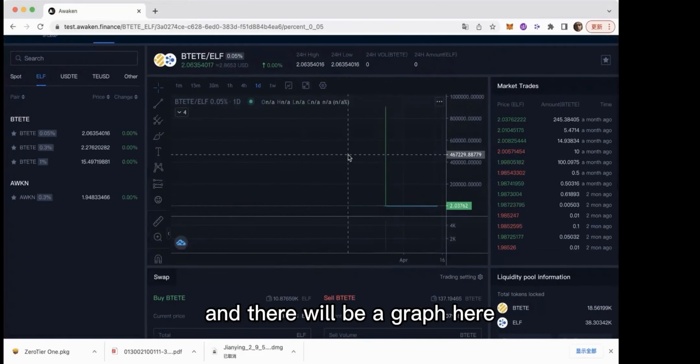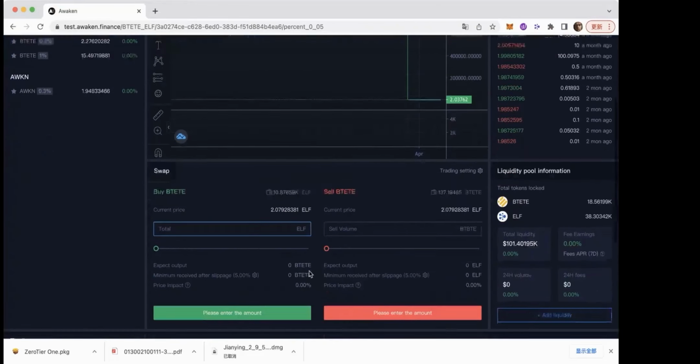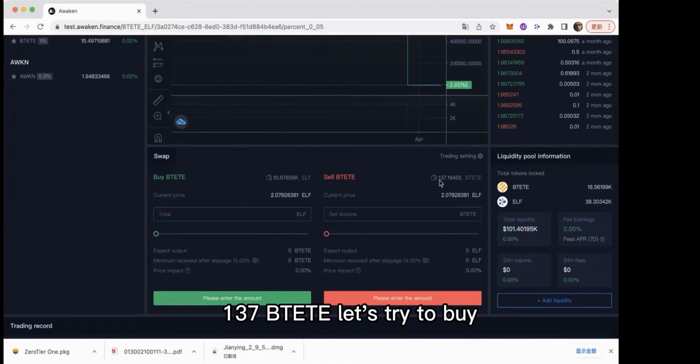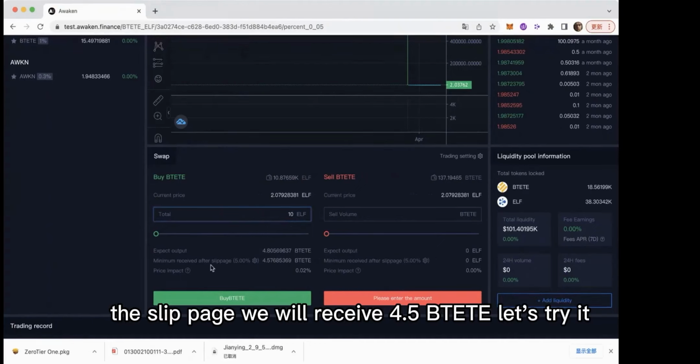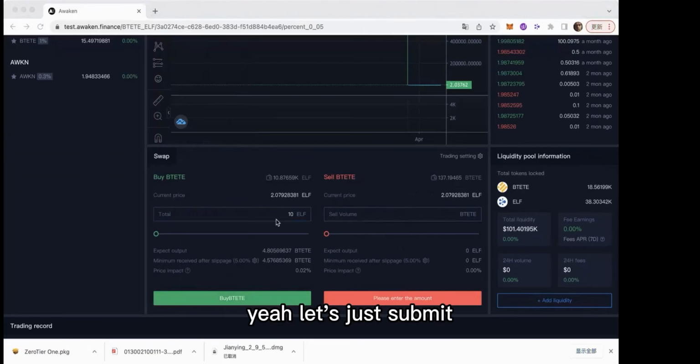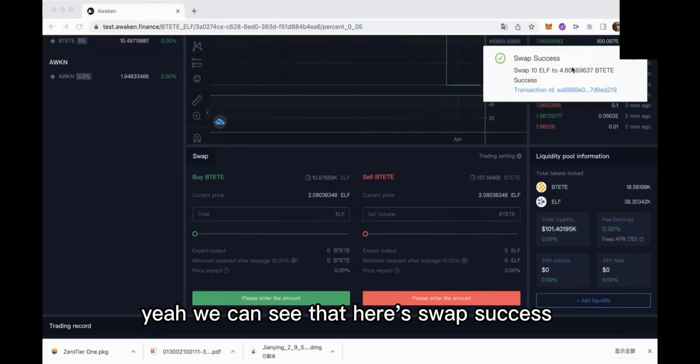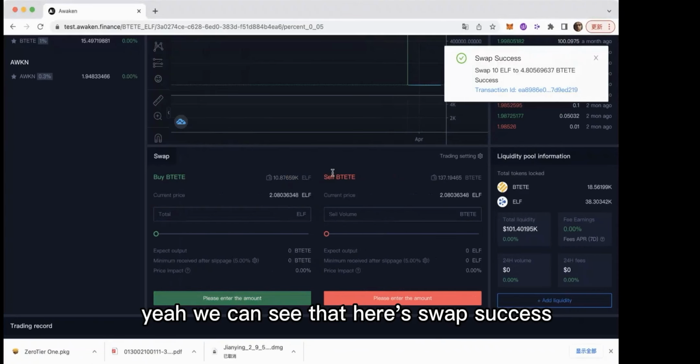As now we have like 137 BTT, let's try to buy with 10 aelf. After the slippage, we will receive 4.5 BTT. Let's try it. Let's just submit. Yeah, we can see that here's swap success.